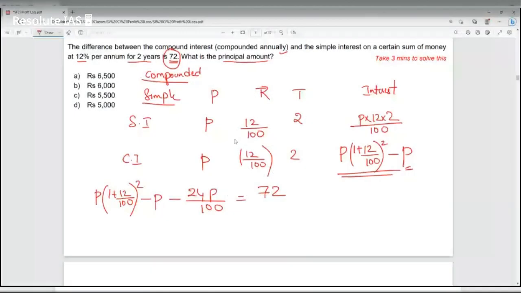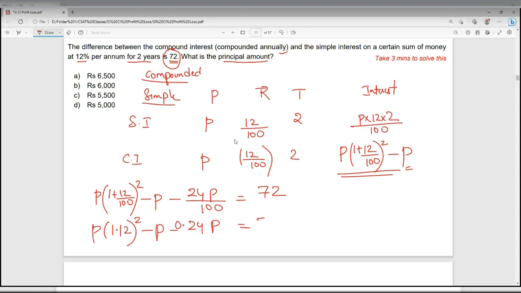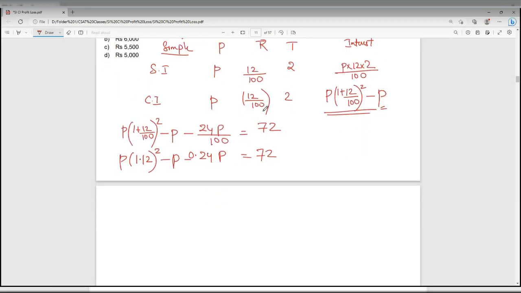So this is P into 1.12 whole squared minus P minus 0.24 P is equal to 72. 24 by 100 is 0.24. And I have to multiply 1.12 into 1.12 twice.